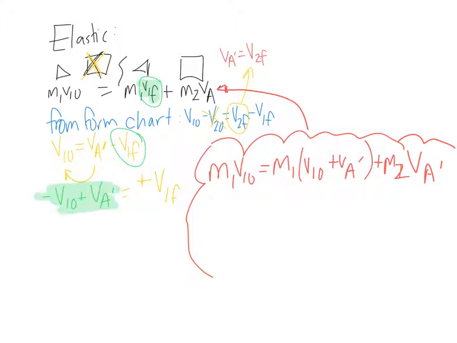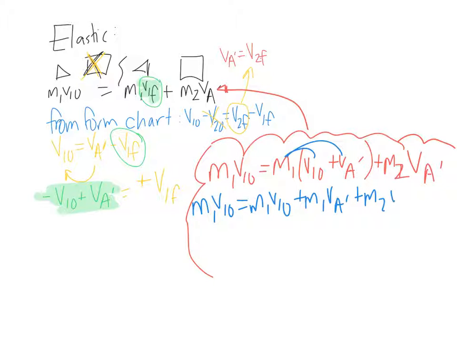Now I start solving for A prime. So algebraically distribute, combine like terms, so getting my A primes together and getting my V1s together.